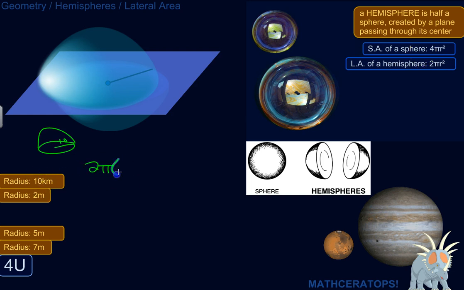So the radius is 10. 10 squared is 100, times 2 is 200. So the lateral area would be 200 pi kilometers squared. This is an area.